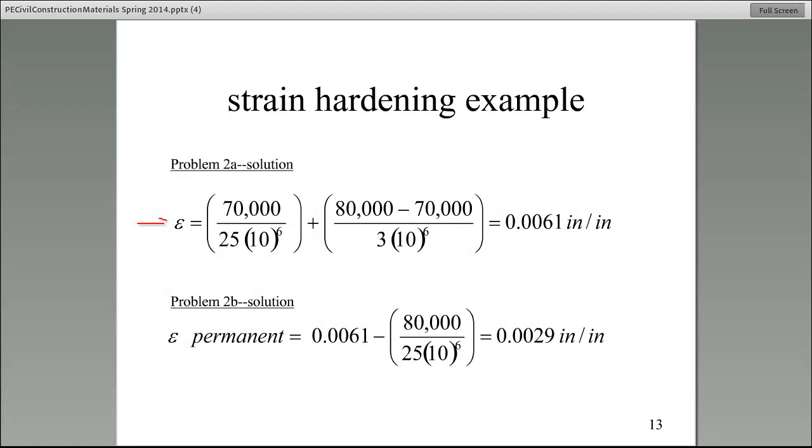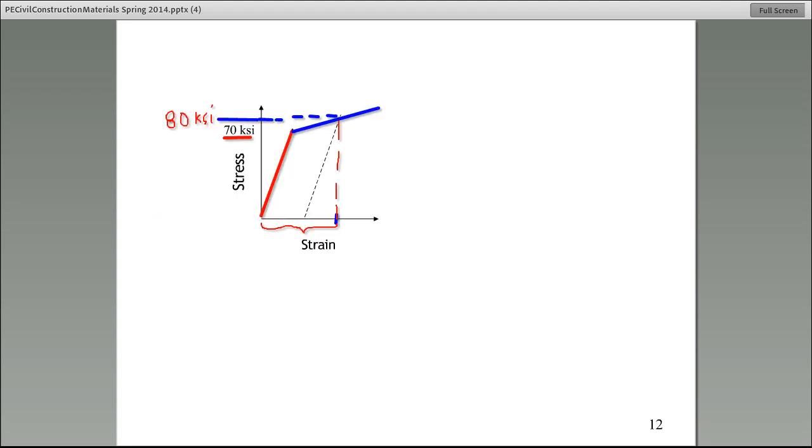What I would like for you to do is make sure you understand where we get these numbers. $70,000, that's the y value of the point at the knee, divided by 25 million. 25 million is the slope of this red segment. So what I just showed you gives you this dimension right here.